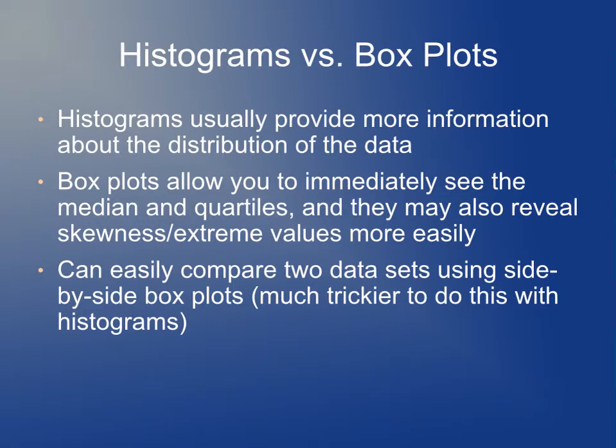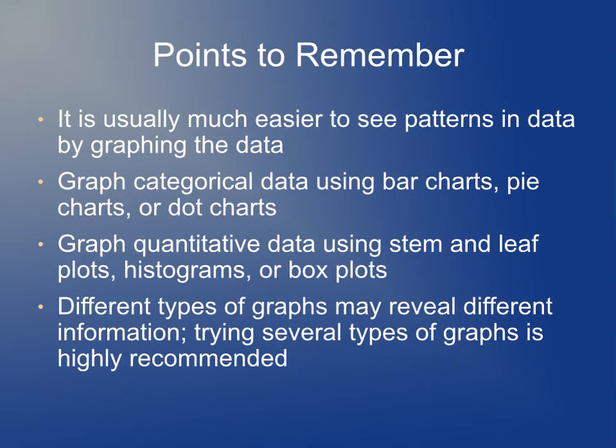Box plots allow you to immediately see the median and quartiles, which you may want to know, and they also do a better job of revealing extreme values and outliers. Also, if you want to compare two data sets side by side, that's easy to do with box plots, while doing it with histograms is much harder.